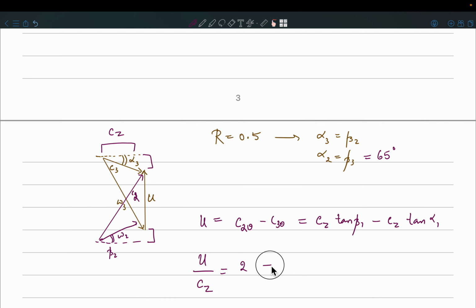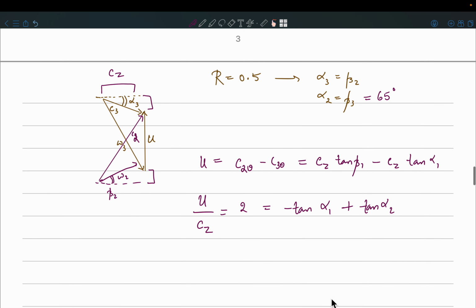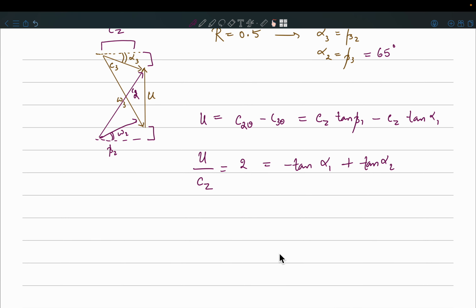And this is equal to tan alpha 1 plus tan beta 3, or tan beta 3 I can write as tan alpha 2, right? So this is plus tan alpha 2, and now I know alpha 2, so I can find alpha 1. If you just solve this equation, alpha 2 is known, 65 degrees, and alpha 1 you will get is approximately 8.22 degrees.